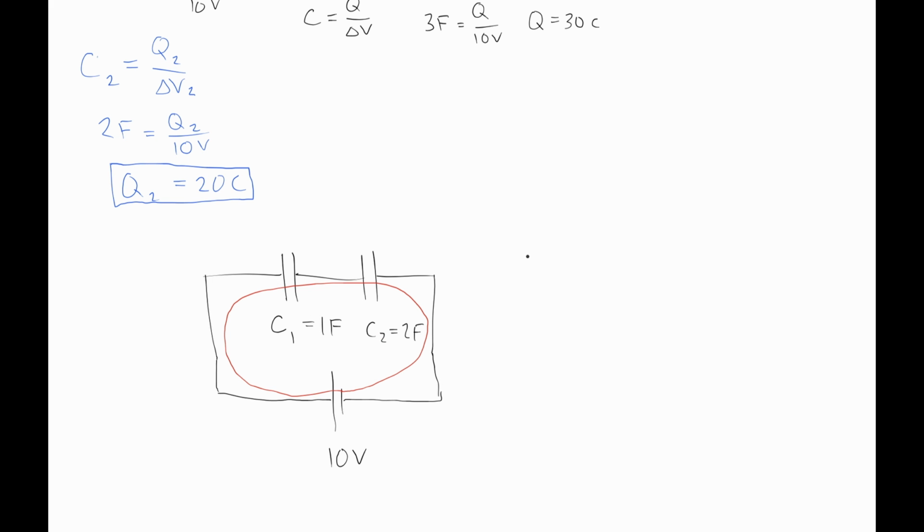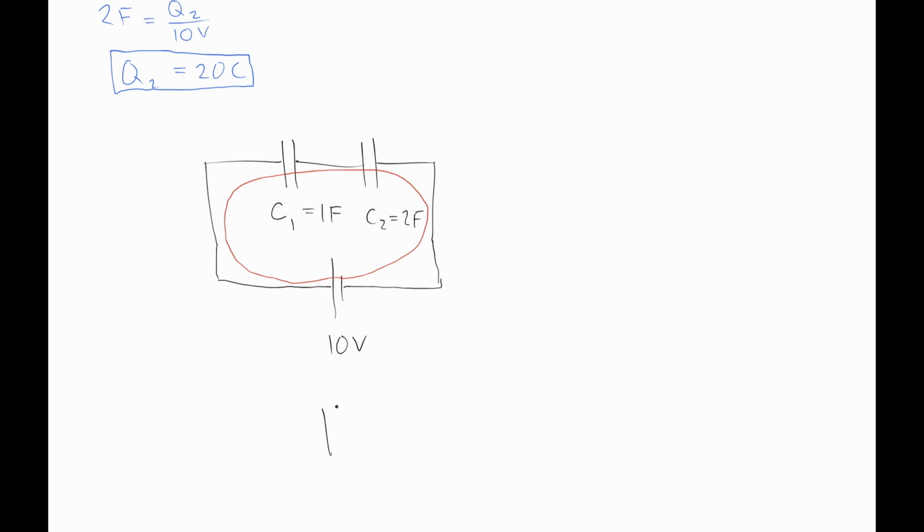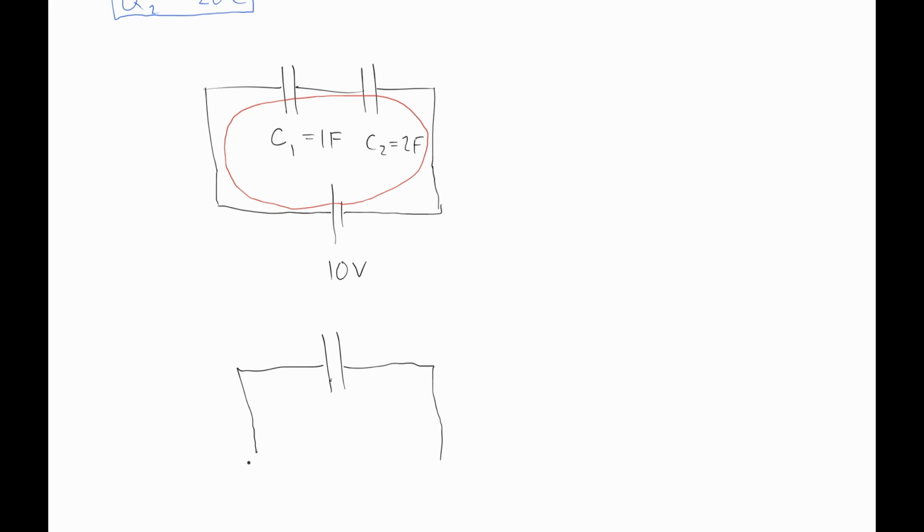So let's create an equivalent circuit. The equivalent circuit has just one capacitor, which is a theoretical combination of the two original capacitors.